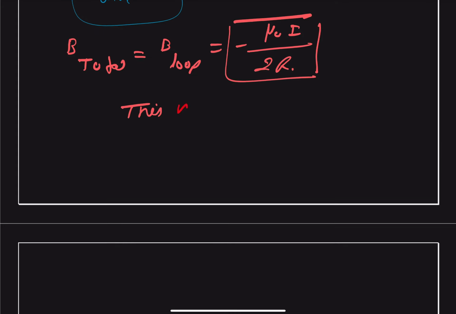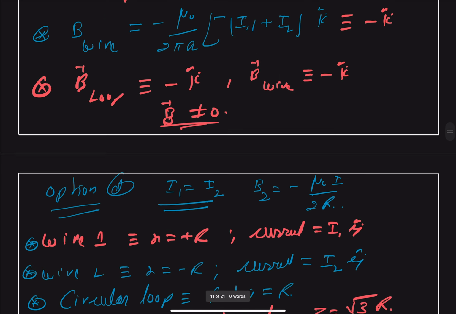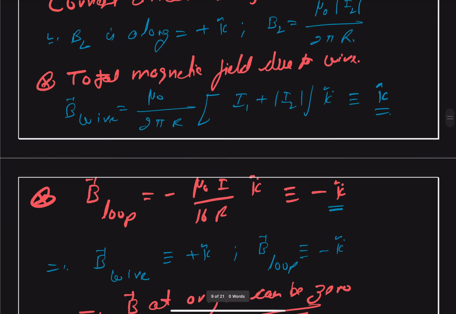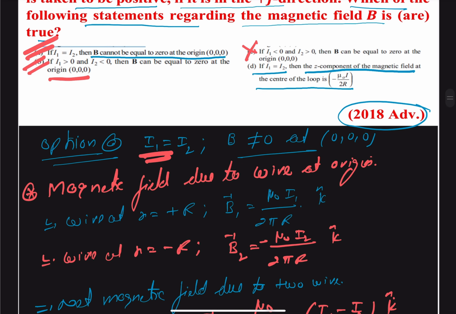This is the correct option. So option number D is also correct. So the options correct are A, C and D.